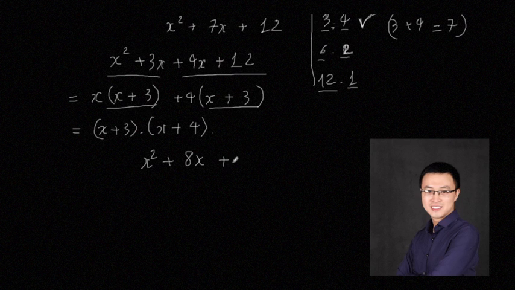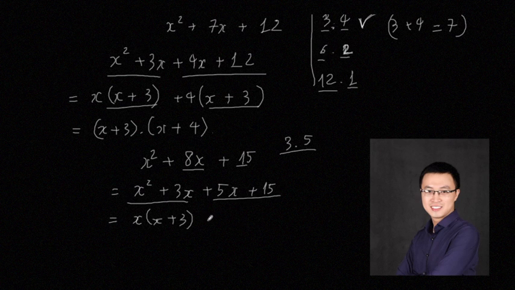x squared plus 8x plus 15. Okay, quite easy. 3 and 5, because 3 added to 5 gives 8. So I will separate it into x squared plus 3x plus 5x and plus 15. For the first two terms the common factor is x.